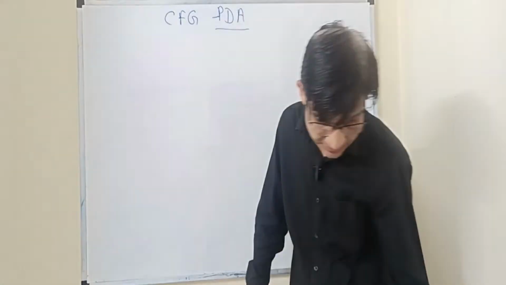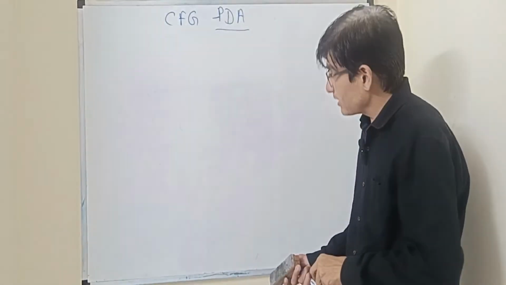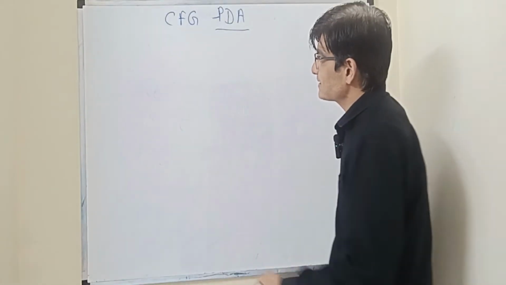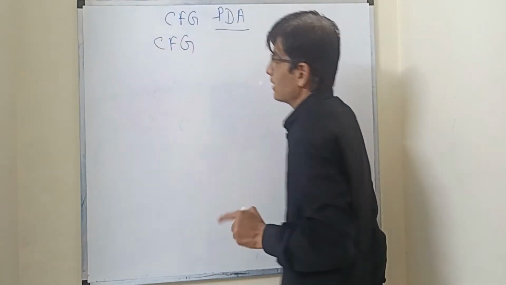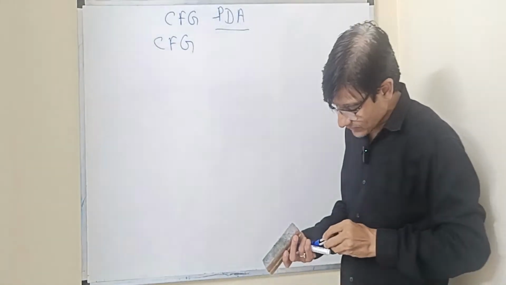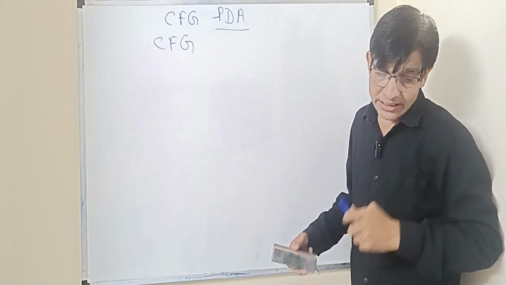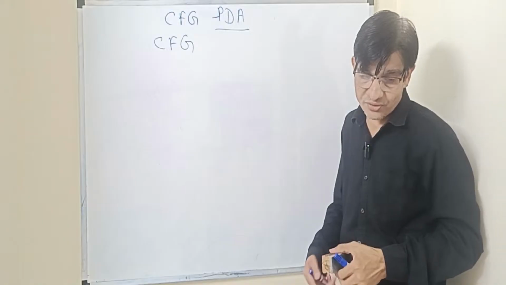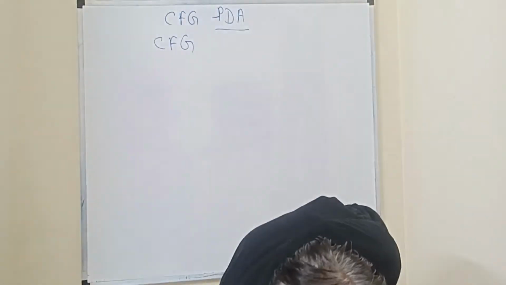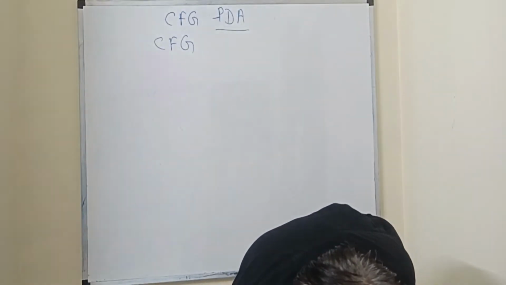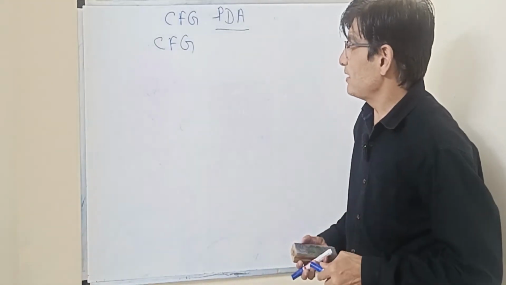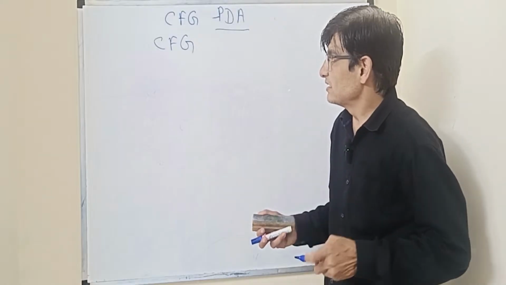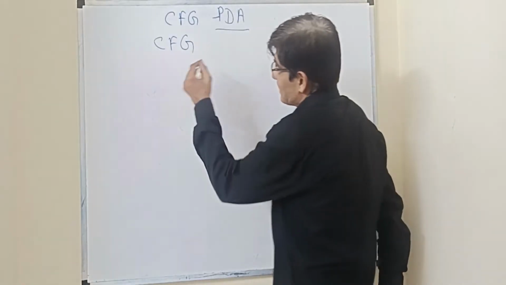Now, before starting the conversion, we must know that CFGs may be of two different types. As we have discussed already, the normal forms of CFG are CNF and GNF.